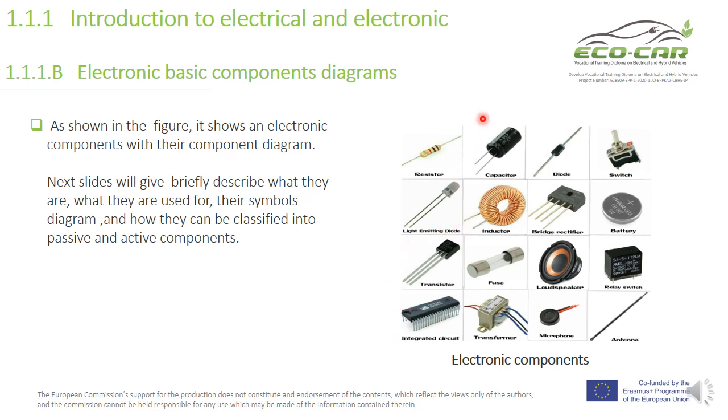See here, this is a resistor, this is a capacitor, diode, switches, battery, bridge rectifier, inductor, light emitting diode (LED), transistor, fuse, loudspeaker, relay switch, or sometimes in vehicles we call it a cutout.